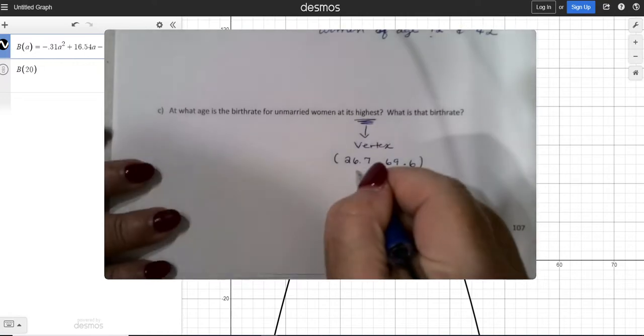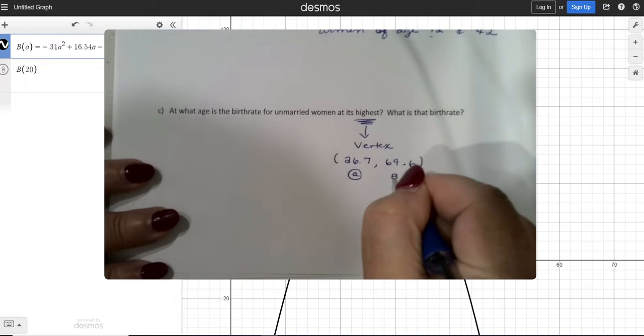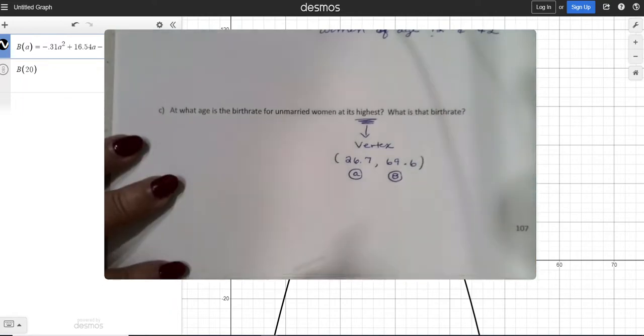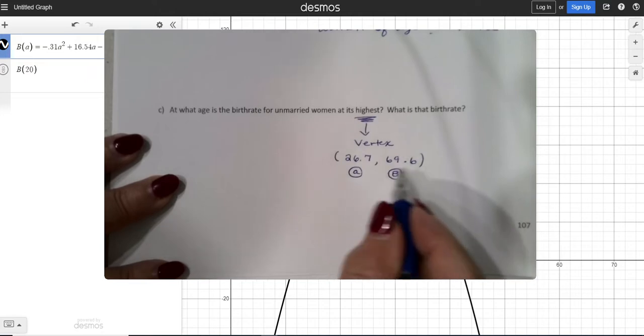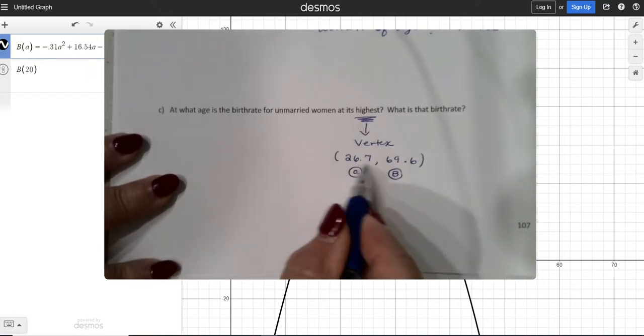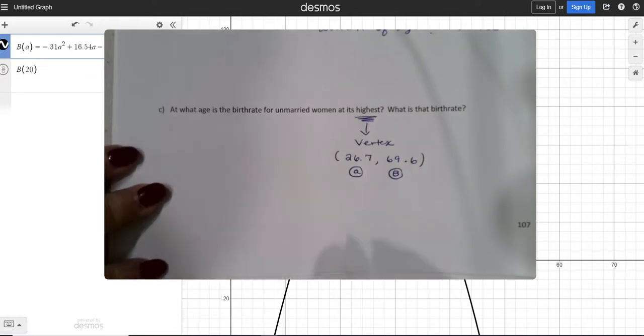And remember, this is an age, and this would be the birth rate B. So the maximum birth rate amongst unmarried women is about 70 births per thousand, and that's going to occur at approximately age 27 if I round that off to the nearest age.